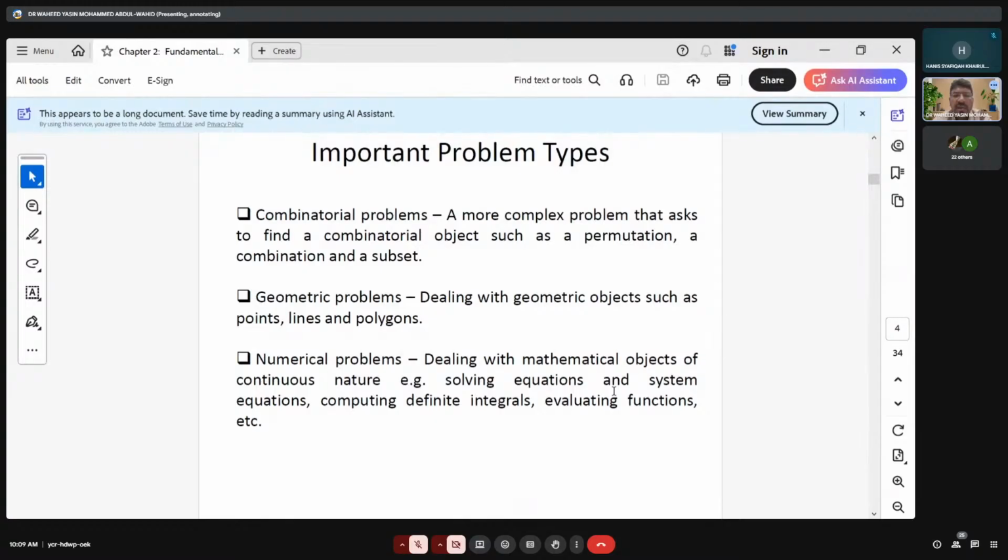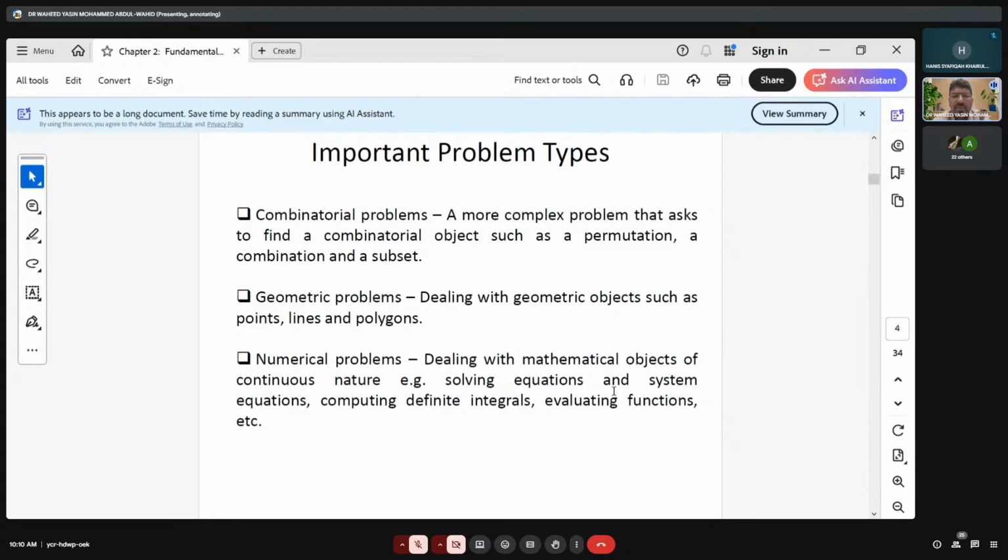Combinatorial problems: more complex problems that ask to find a combinatorial object such as a permutation, combination, or subset. Geometric problems deal with geometric objects such as points, lines, and polygons.